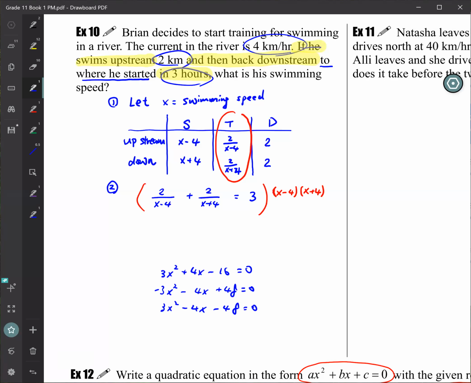Anyone confirm with any of the three there? I also got 3x squared minus 4x minus 48. So this one, okay, let's get one more and see if there's anyone else get the same one, just to be sure. Anyone else? So far, this one has two people.